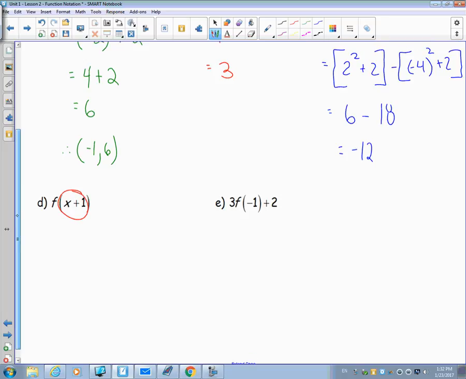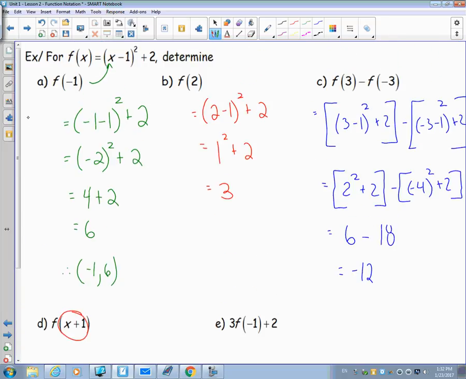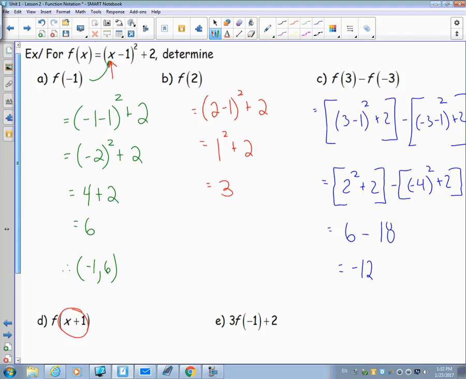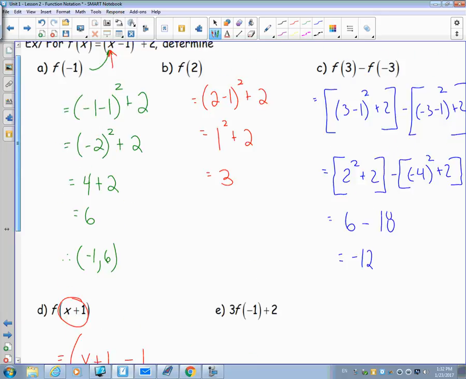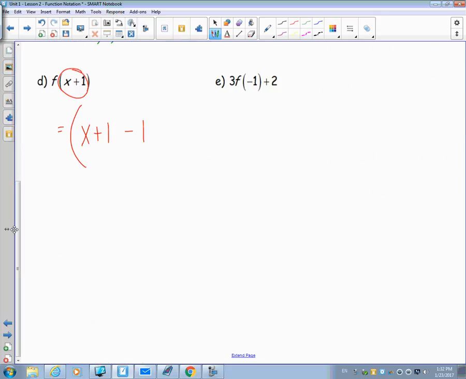So I'm going to take x plus 1, and I'm going to substitute it in for x. How's that going to look? We're going to get bracket, there's supposed to be an x, and that's x plus 1 now, minus the 1 that was already in the bracket, that's this one right here, squared plus 2.